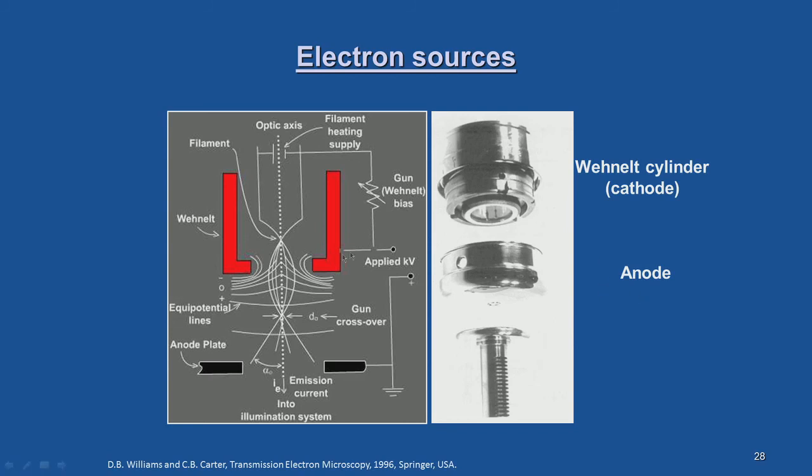This is another schematic, which is from another textbook we have taken. You can see the similar filament and gun design, and we have already seen the action of the gun.